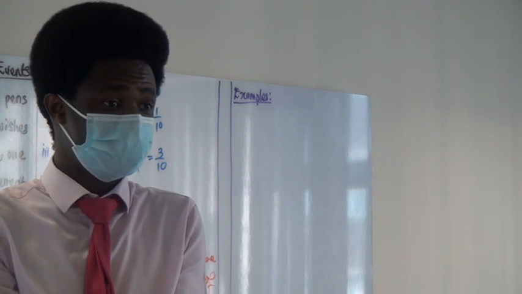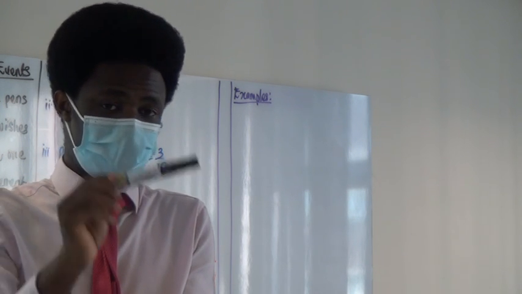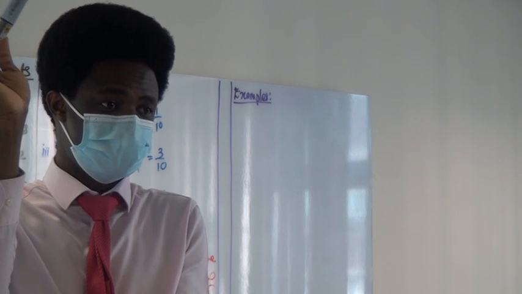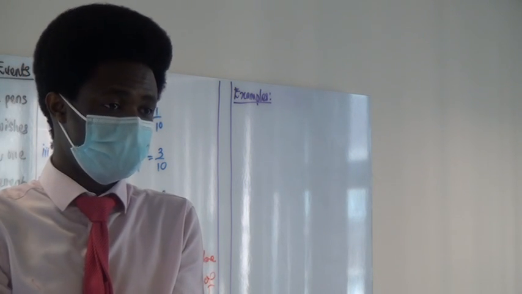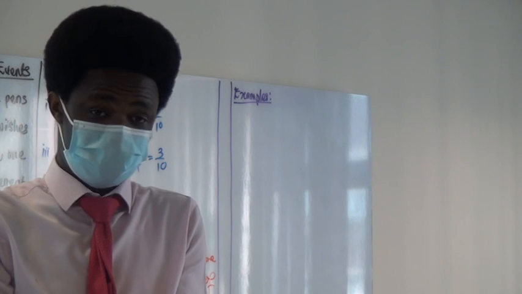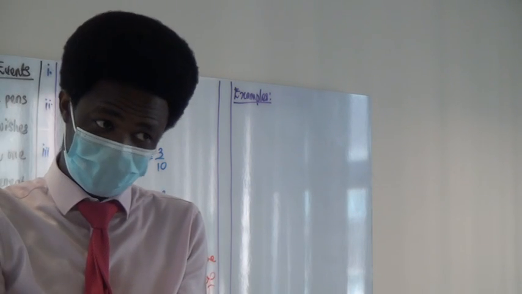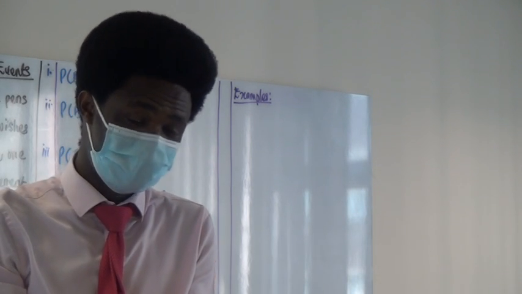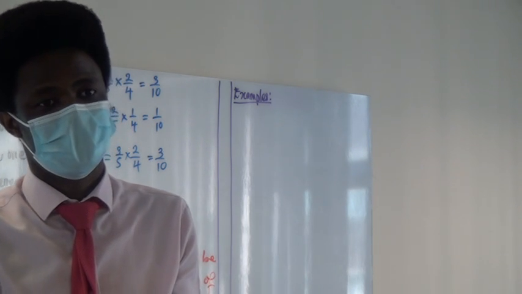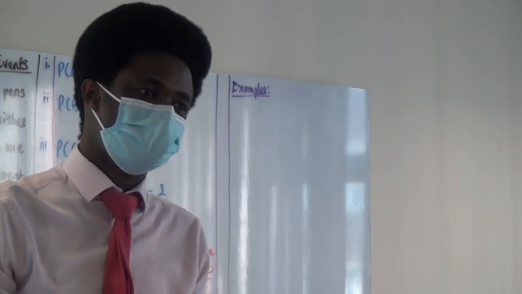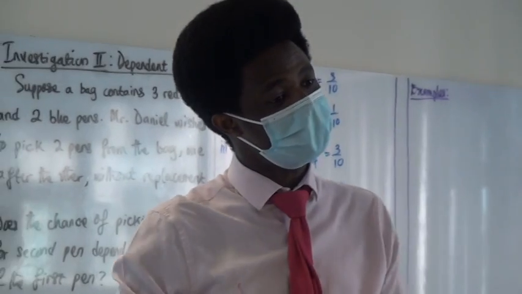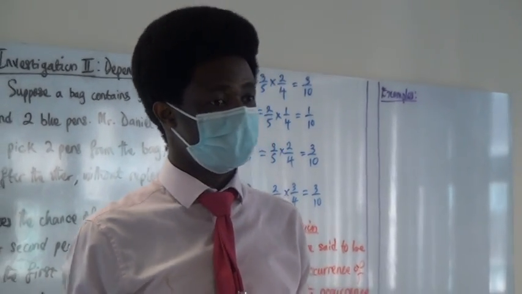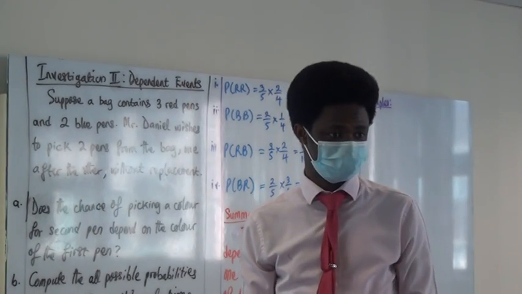I still have 2/5. If I wish, I could pick this first, put it back, and picking a blue is still 2/5. In fact, if I pick a blue first and put it back, what is the chance of still picking a blue? 2/5. So if I'm dealing with replacement, I'm dealing with independent events. So that's another way to look at it.